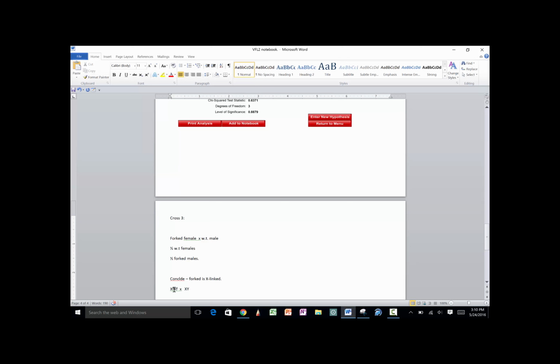This is so much easier when you can write it down. Let's see, how do I do superscript?